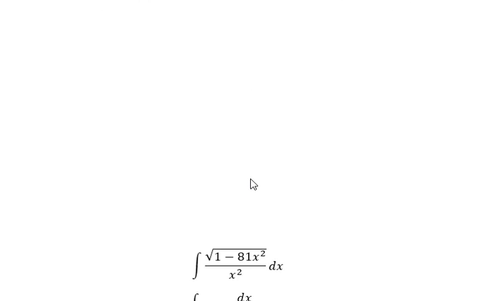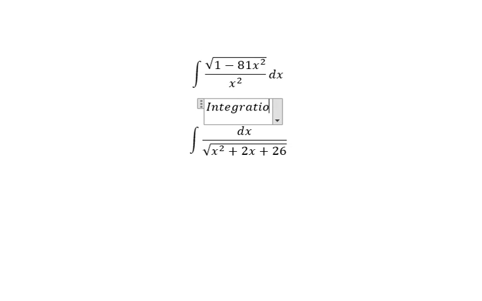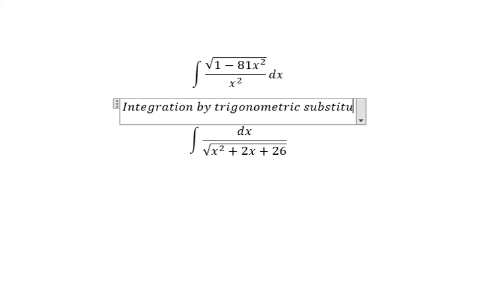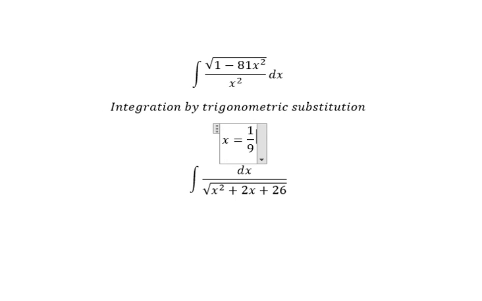Now let's go to the second one. We need to use integration by trigonometric substitution. So I will put s equals 1 over 9 sine t.